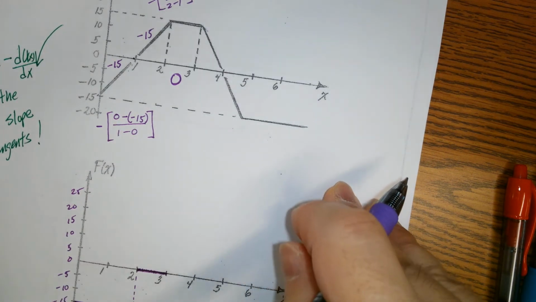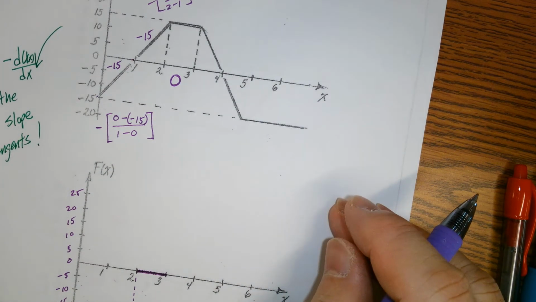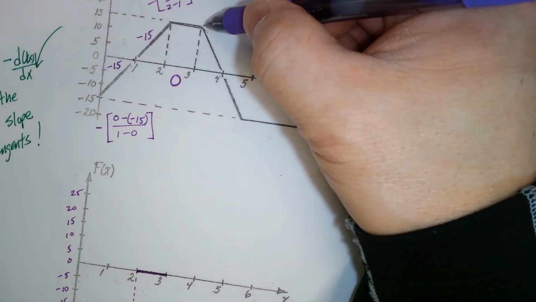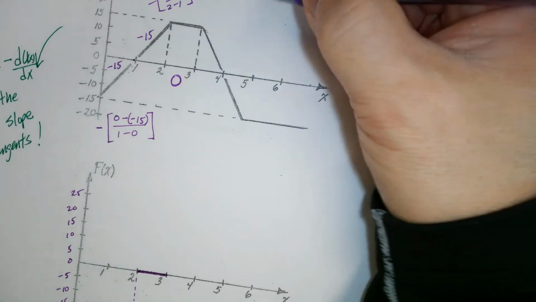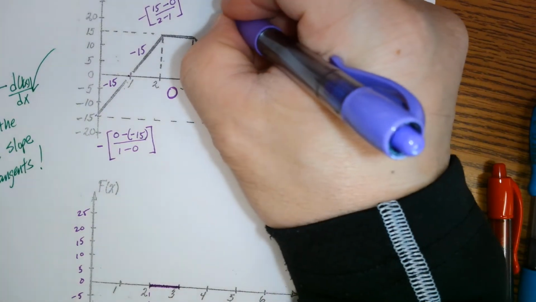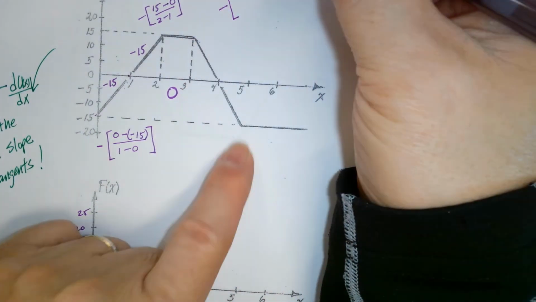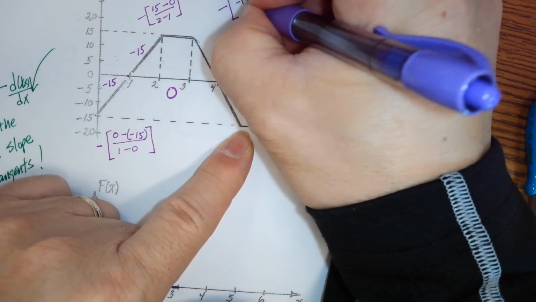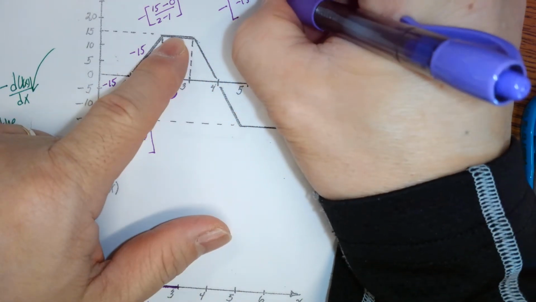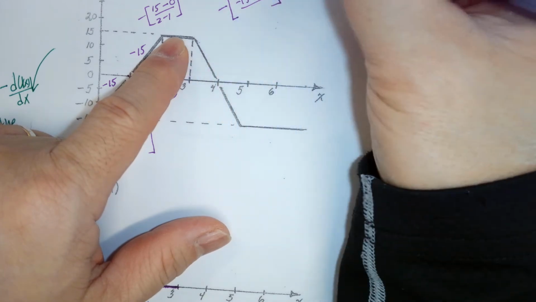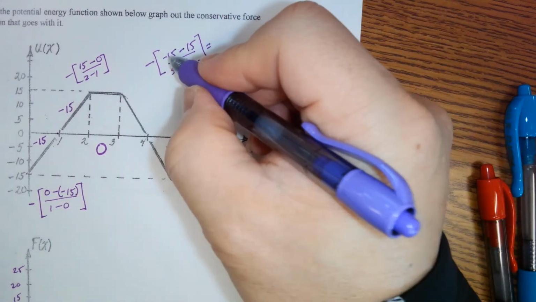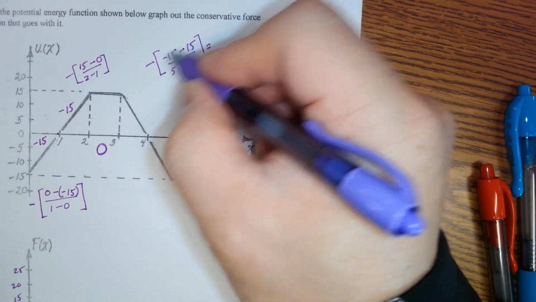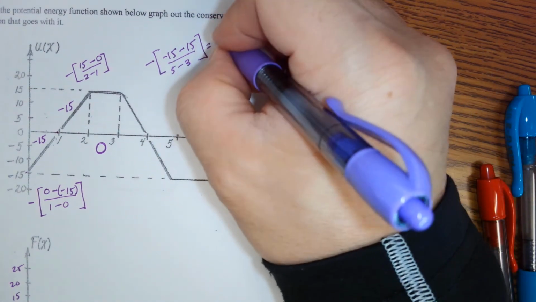And then, from 3, let's make it 3 to 5 because it looks like there's the same line, right? So for 3 to 5 is negative of negative 15 minus 15 over 5 minus 3, right? So what is that? That looks like negative 30, and the negative of that, negative 30, is positive 30.